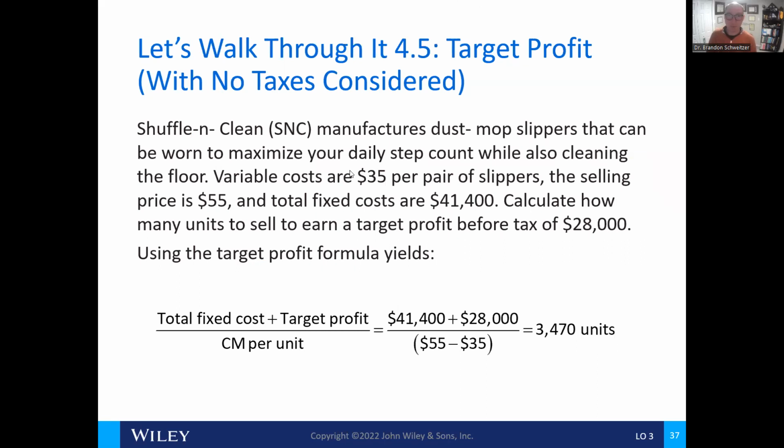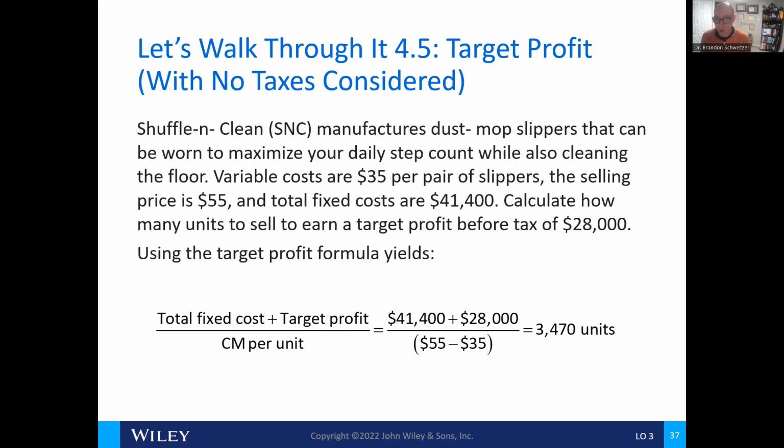Here we have an example: a company that sells dust mops. I like the name. Here we have variable costs of $35 per pair. The selling price is $55. The total fixed costs are $41,400. Let's calculate how many units we need to sell in order to earn a before-tax profit of $28,000.